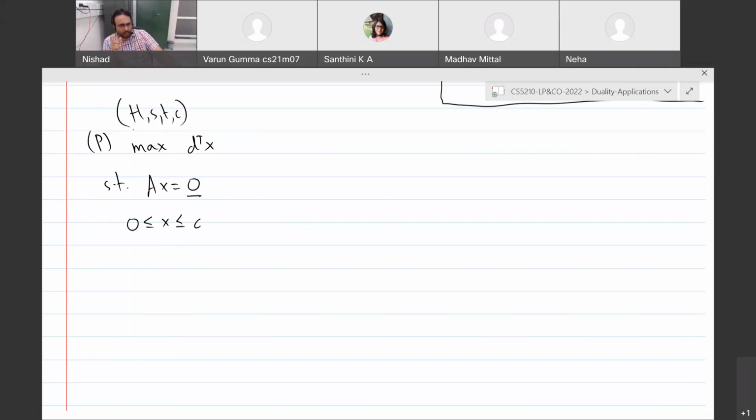And we deleted two rows, one for the vertex S and one for the vertex T. And this Ax equal to 0 represents the conservation constraints. And the second part, 0 less than or equal to x less than or equal to c, represents the non-negativity and capacity constraints, or you can think of it simply as the capacity constraints together.